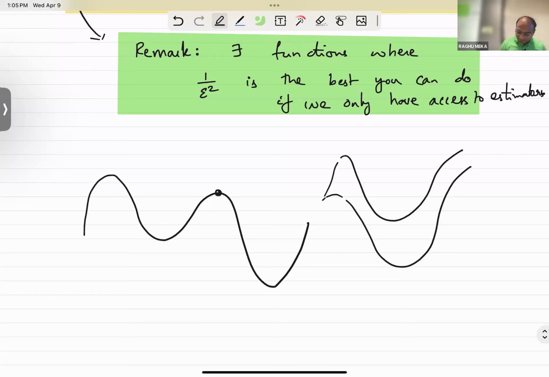Now, when I'm here, for example, gradient descent is completely stuck, right? Because the gradient is 0. It thinks you have reached the optimum. Whereas if I have an estimator, then with some probability, it's going to push me out. So sometimes randomness is to our advantage.